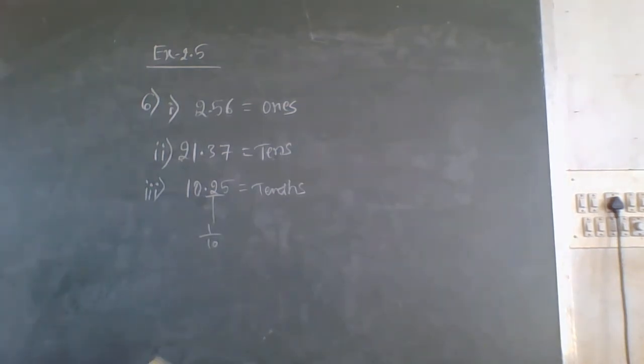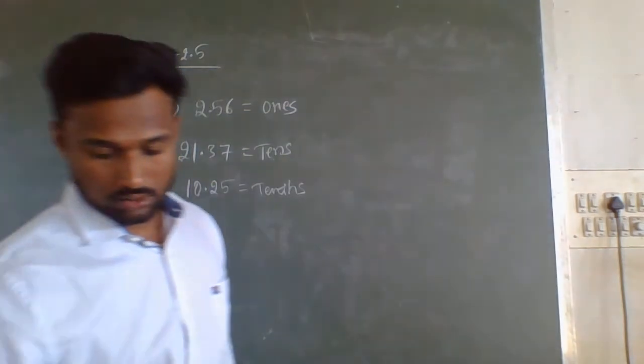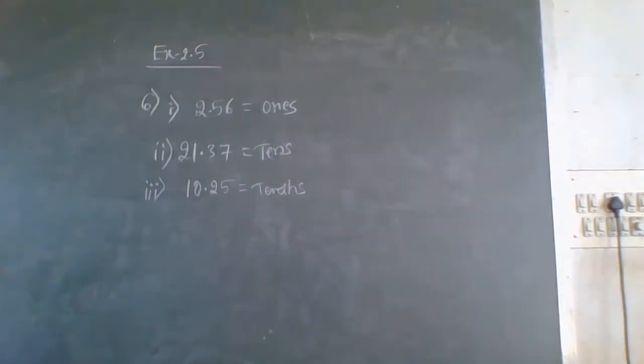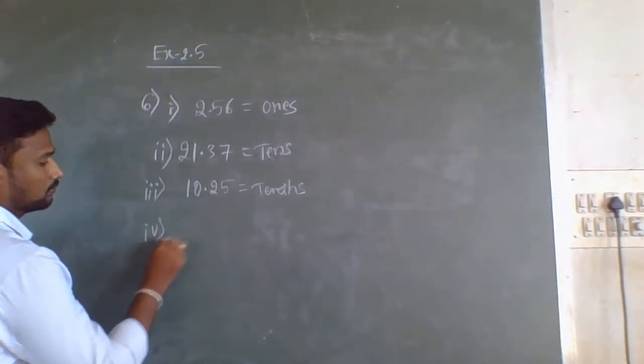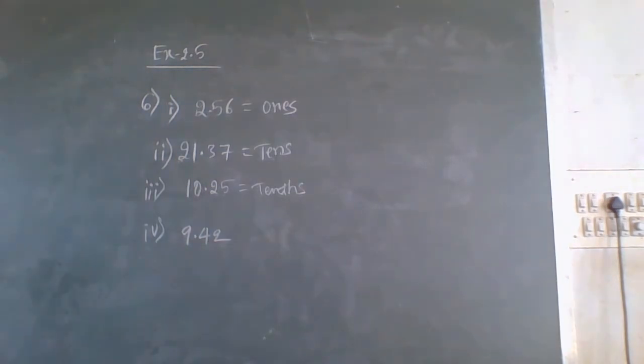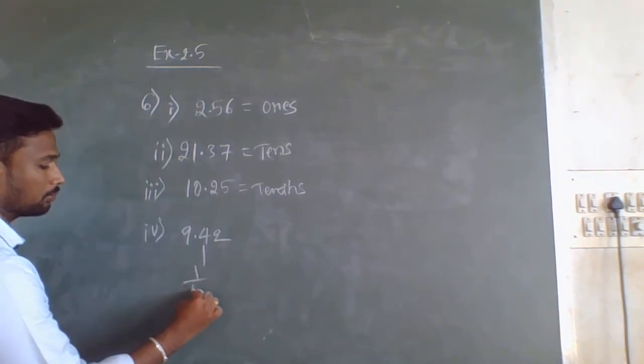Now we will see the next number. Next one is 9.42. Here also they have given 2 after the decimal point only. The first is the tenths position, meaning 1 by 10.